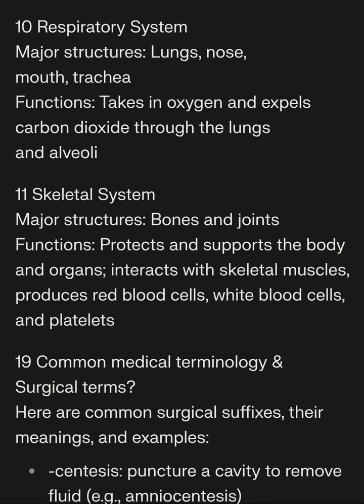Functions: takes in oxygen and expels carbon dioxide through the lungs and alveoli. 11. Skeletal system. Major structures: bones and joints. Functions: protects and supports the body and organs. Interacts with skeletal muscles, produces red blood cells, white blood cells, and platelets.